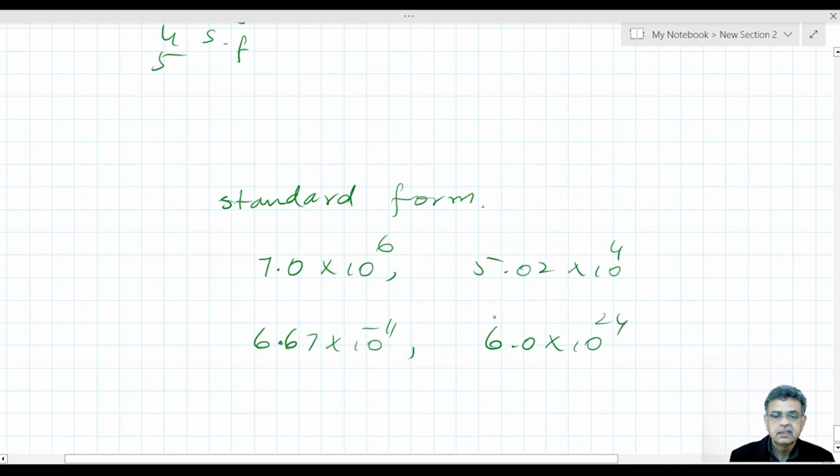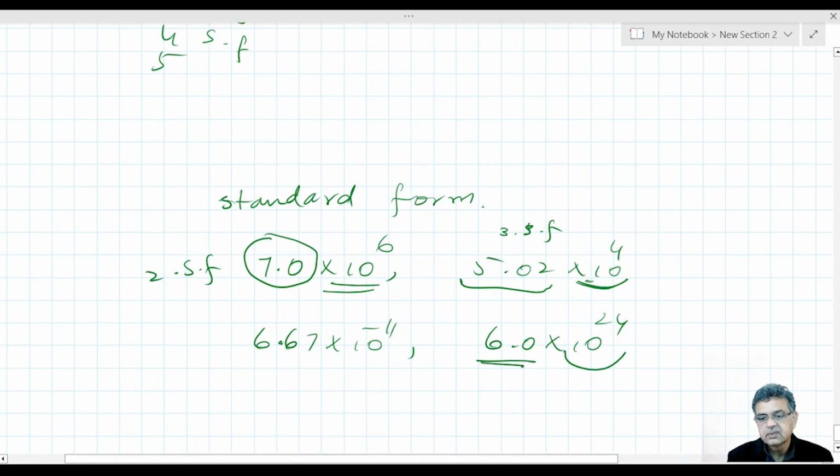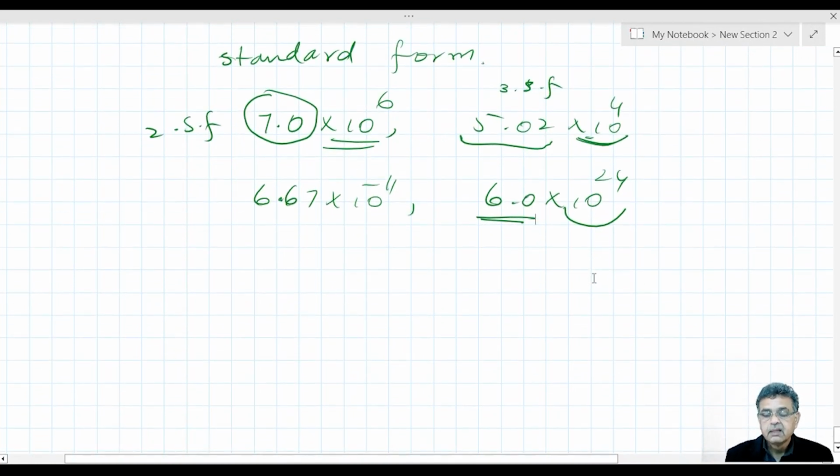In any number like this, only these digits are significant. This is two significant figures and the remaining are zeros. This is three significant figures and these are zeros. These zeros are not significant. This is two significant figures.